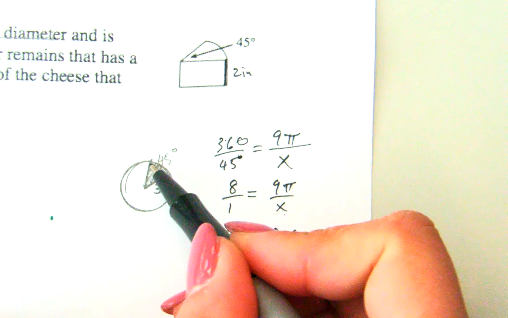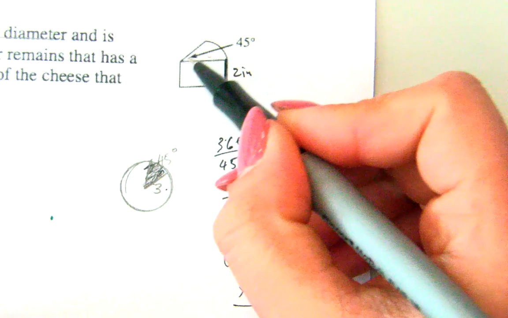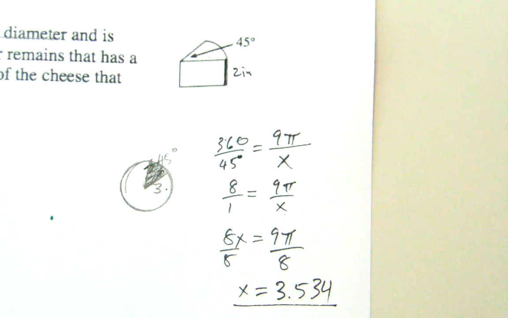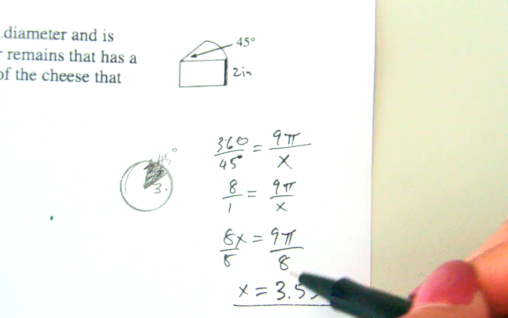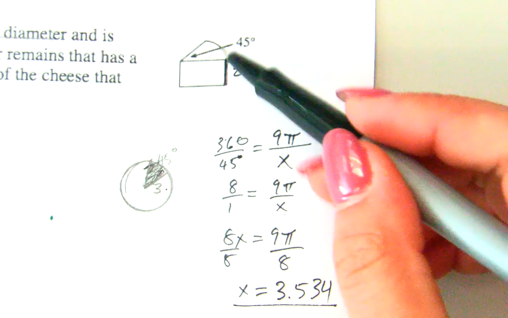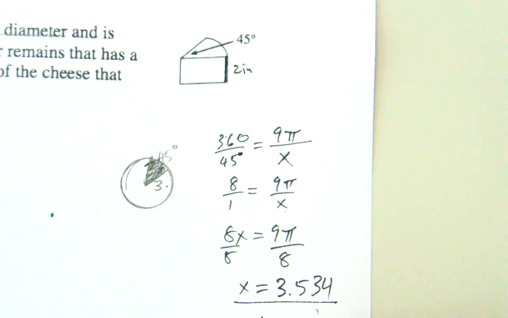So that's the area of this top part, right? But it's got a thickness of 2 inches. So if we find the area of the top part, then if we multiply by 2, we should get the depth of the whole entire piece of cheese. Or cheesecake. I'm going to pretend it's a piece of cheesecake. And then we take this and we multiply by 2 inches.